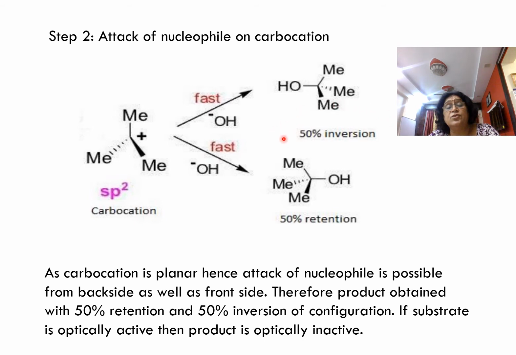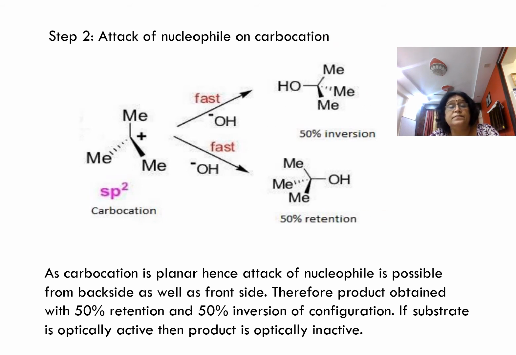That means 50% levorotatory product and 50% dextrorotatory product. A mixture of 50% levorotatory and 50% dextrorotatory is called a racemic mixture. And what is a racemic mixture? Optically inactive. So if the reactant or substrate here is optically active, then the product formed will be optically inactive because it will be a racemic mixture.